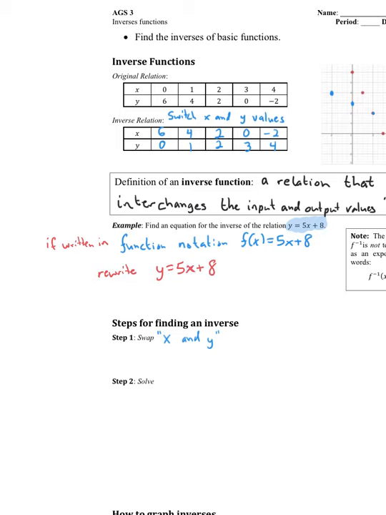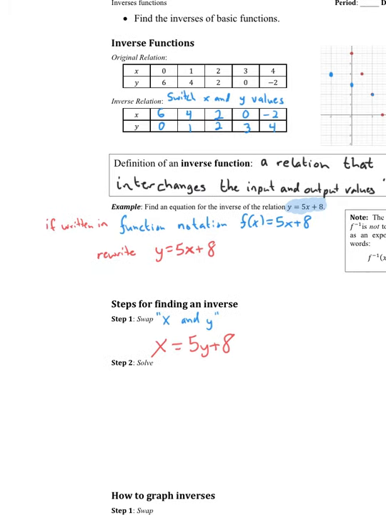And then when you swap x and y, you're just going to rewrite this as x equals 5y plus 8. And then the second part, we solve for y. We just have to get y by itself, and that's going to be how we find an inverse.